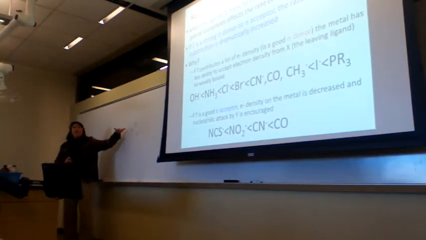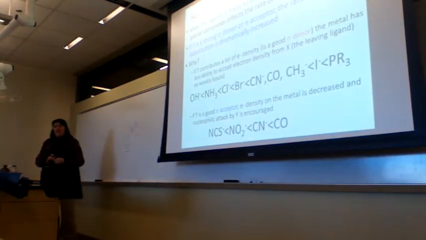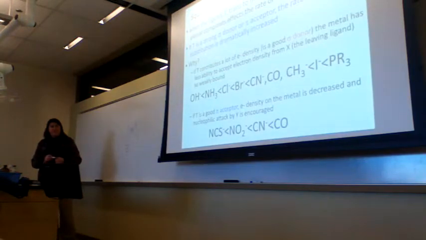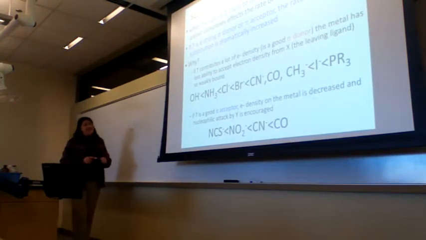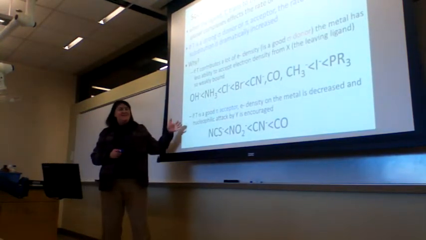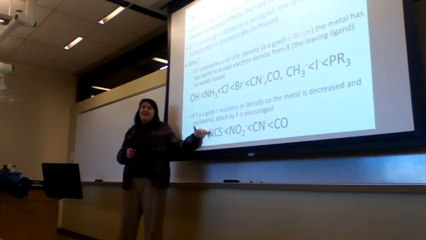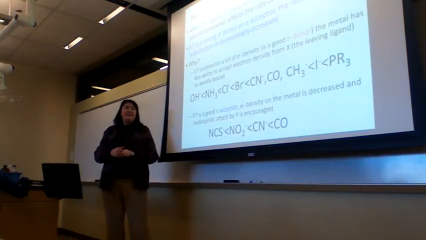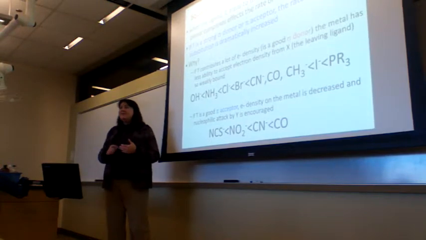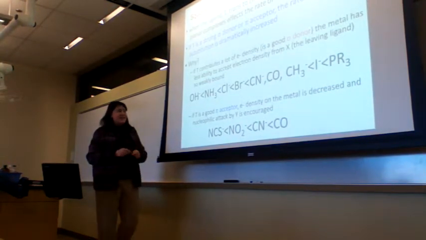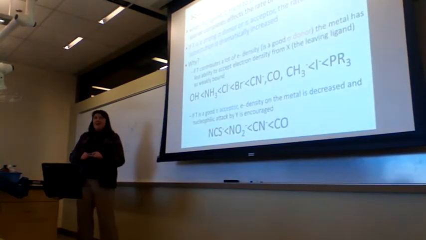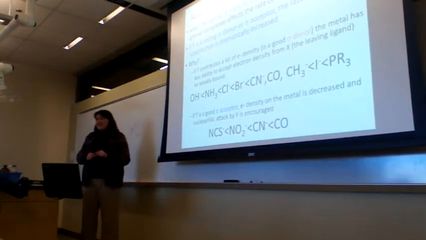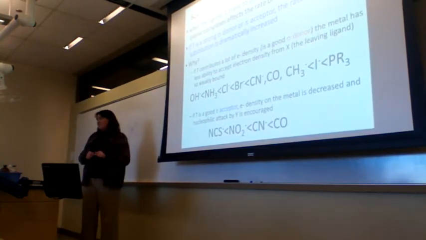So there will be a weaker chlorine bond there. Also, if our ligand is a pi acceptor, then we're going to decrease the electron density to the metal and increase the likelihood of a nucleophilic attack.